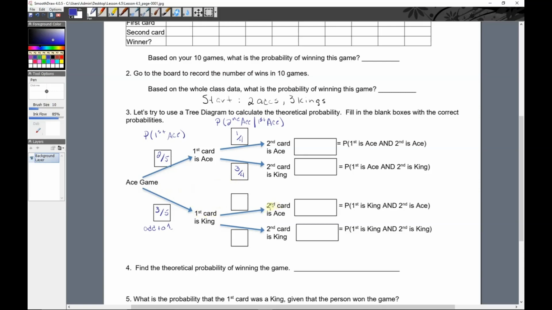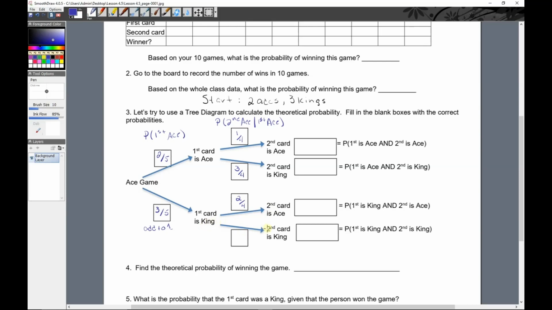So let's just say your second card is an ace, given that the first card was a king. You picked a card, you got the king, it doesn't go back in, that leaves you 4 cards. And since you haven't picked an ace yet, there's still 2 sitting in those remaining 4 cards. So this is the probability that the second card is an ace, given that the first card is a king.